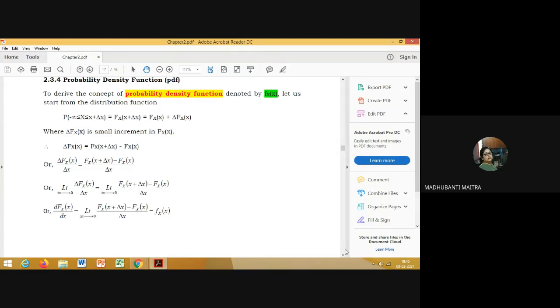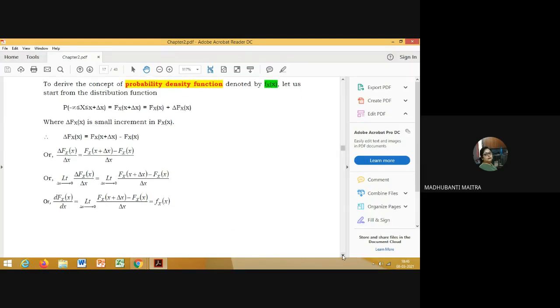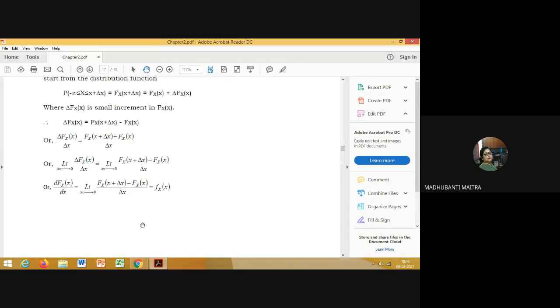By general convention, the distribution function is denoted with a capital letter, whereas the corresponding density function is denoted with a small letter f, and this capital X denotes the random variable, and this is the range, that is, the value that this random variable can assume, right?